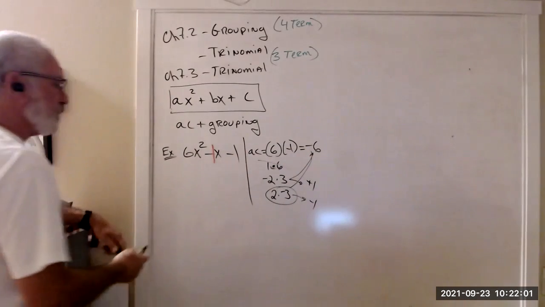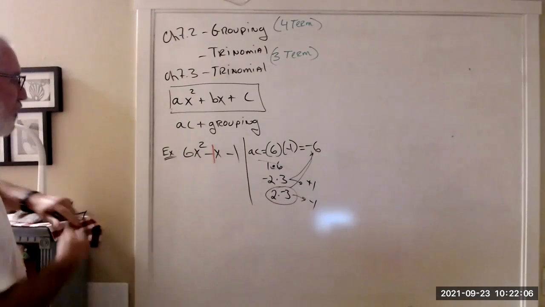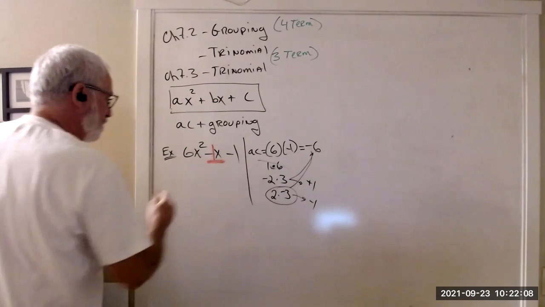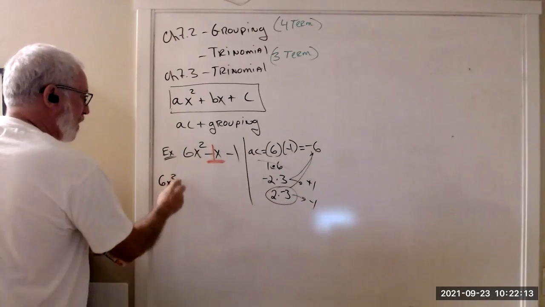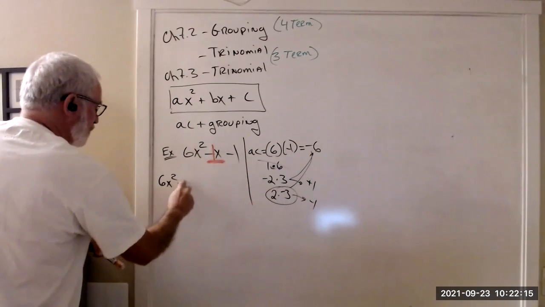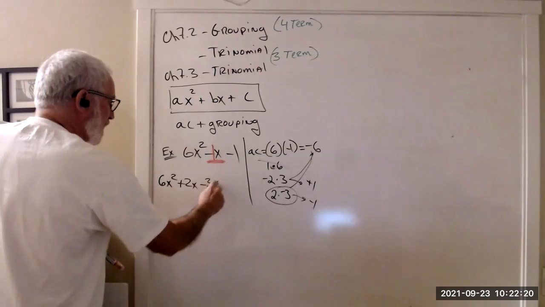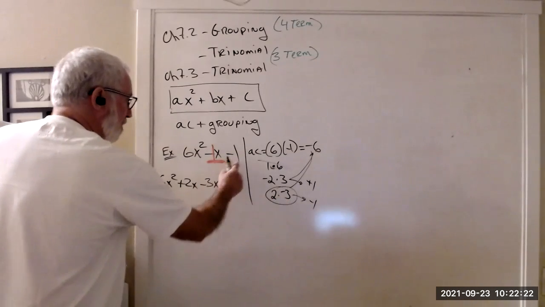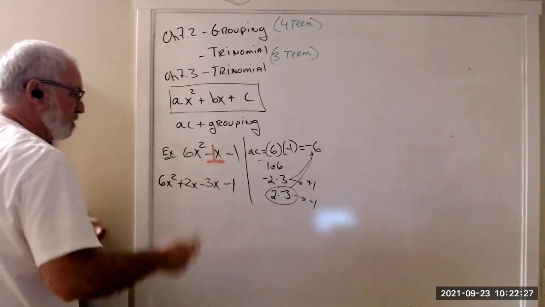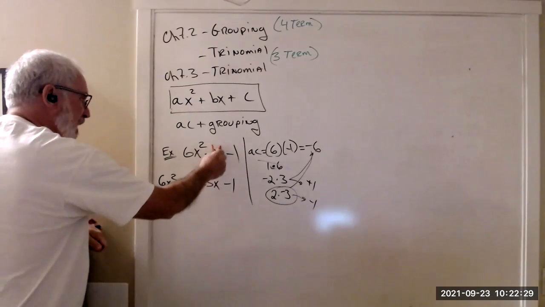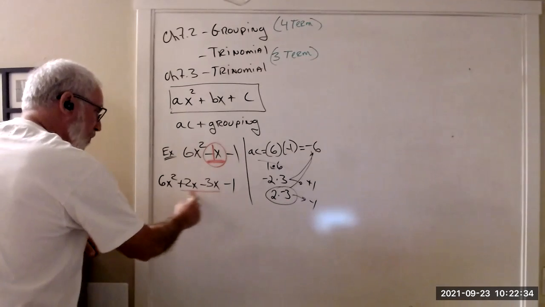So then what we do is we use that 2 and that negative 3 to break apart this. So we write 6x squared plus 2x minus 3x minus 1. So what we've just done is we've taken this negative 1x and rewritten it.